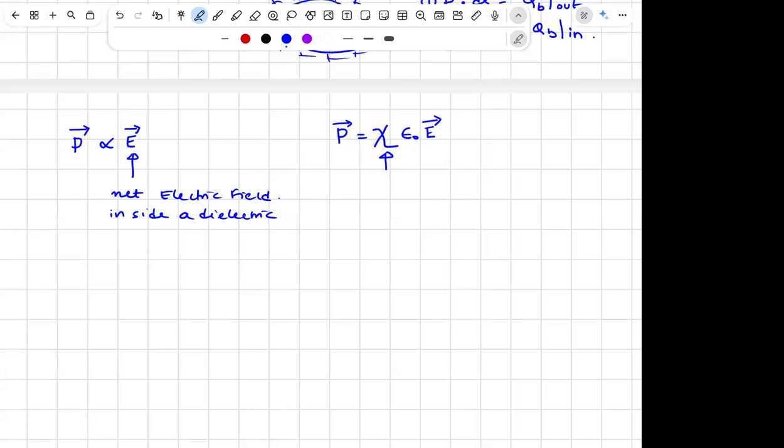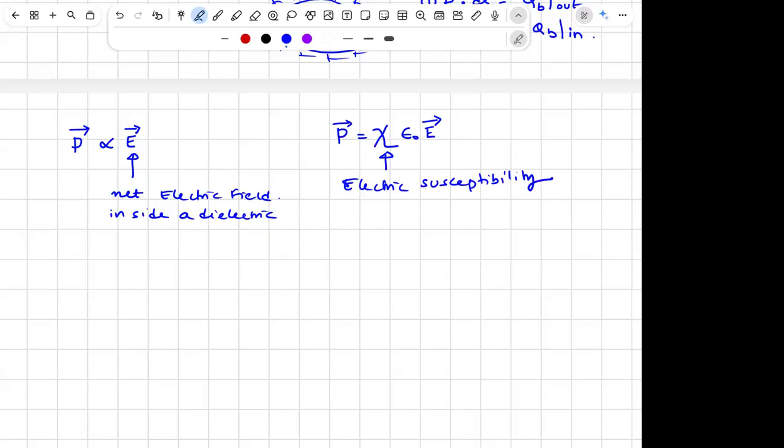Electric field has dimension 1 by 4 pi epsilon naught, charge by length square. So to equate left side and right side you require SI units; multiplying by epsilon naught makes E have P's dimensions. So the left side is effect, the right side is cause, and this constant of proportionality is called electric susceptibility.